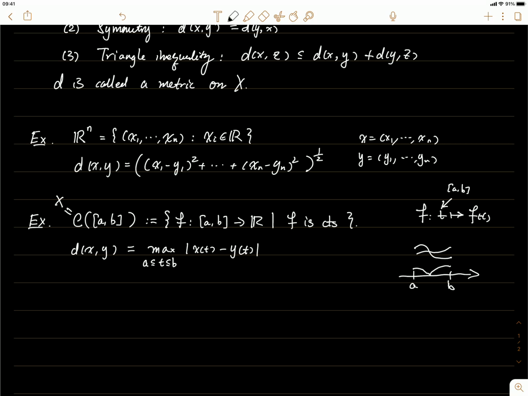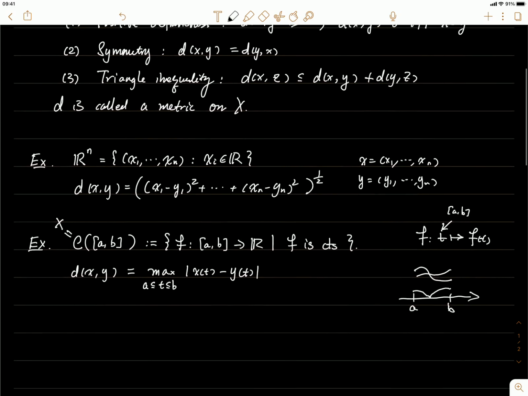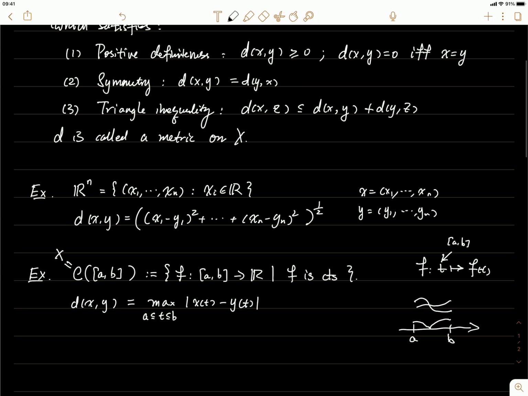It's easy to show that this is going to be a distance since it satisfies all these three conditions. And I'll ask you to try this by yourself and convince yourself that this is actually a distance or metric.